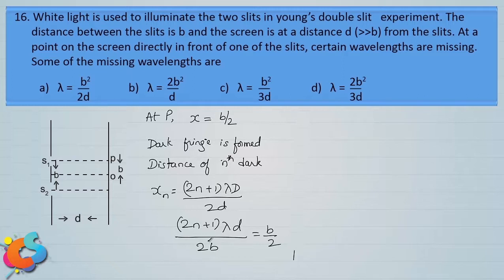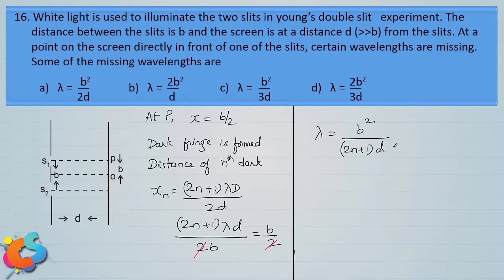Now you can cancel this 2 over here, and you can find out what are the missing wavelengths. So we are supposed to find out expressions for lambda here. So lambda is equal to, cross multiplication gives you, b square divided by (2n plus 1) times d.